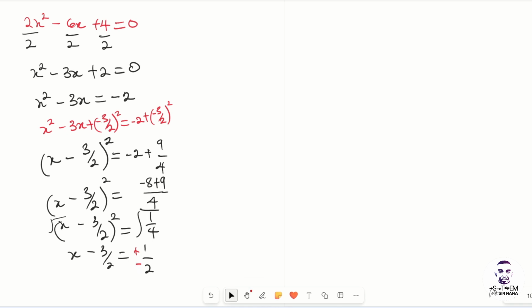So our x now becomes equal to 3 over 2, when we move the negative 3 over 2 across the equal sign, plus or minus 1 over 2. Therefore, x is equal to 3 over 2 plus 1 over 2, which gives 4 over 2, and that is 2.